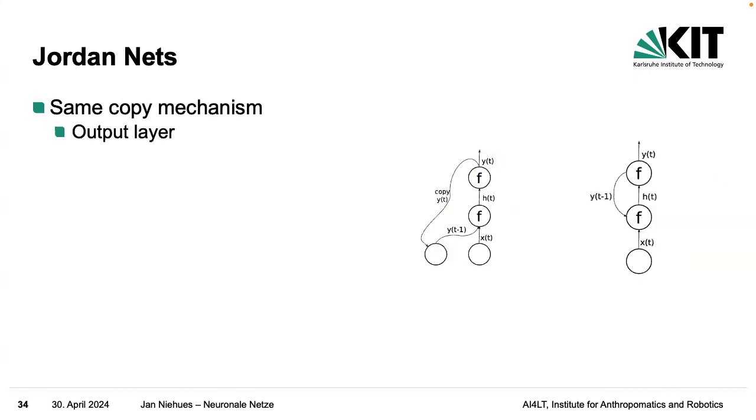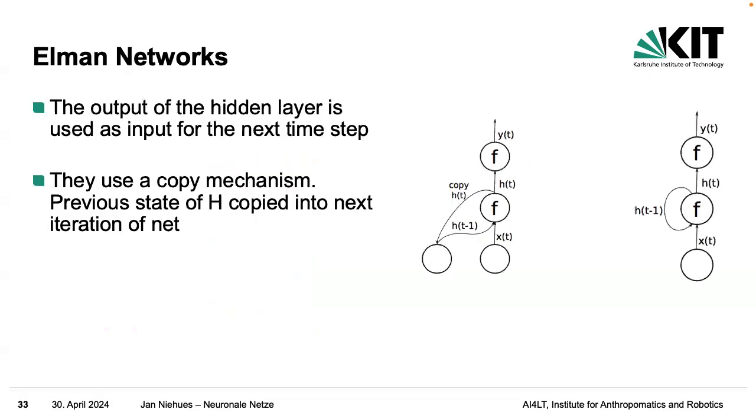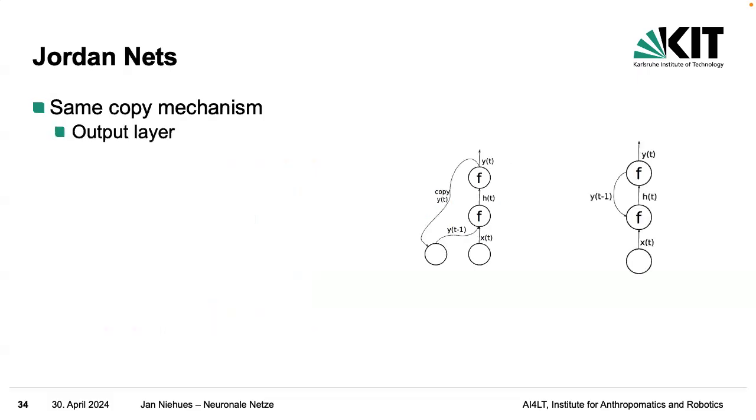The other idea was to use the output and use it as an input. It's called Jordan networks. However, this is not what is nowadays typically used. The architectures look more like what we have as Elman networks, so that our current hidden state is always used also as an input.